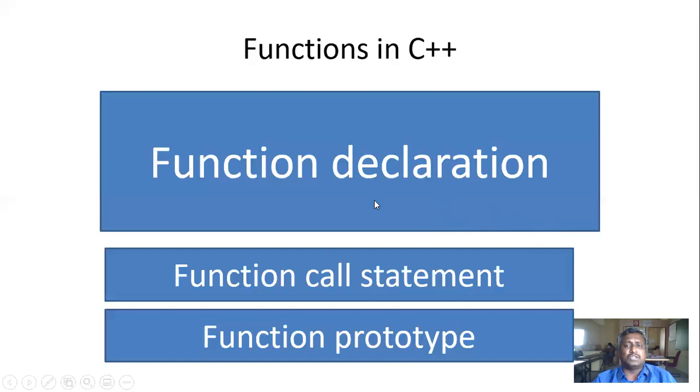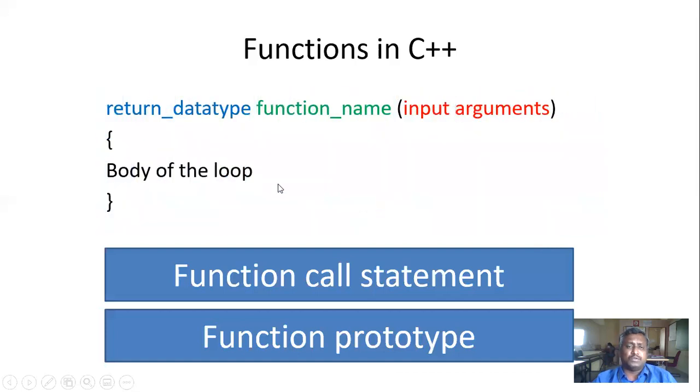For function declaration, it follows this particular syntax. What do we have here? We have function_name. In place of function_name, we write the name of the function. For example, you are designing a calculator. A calculator has many functions, isn't it?